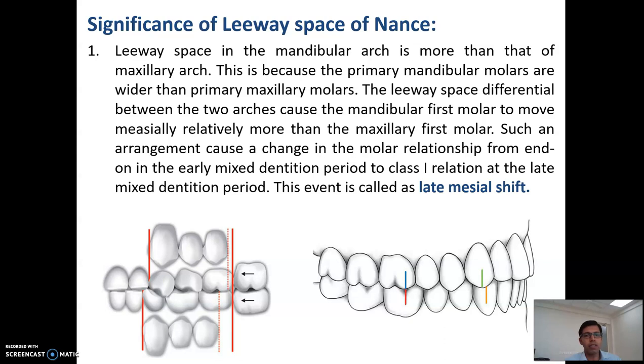Such an arrangement causes a change in the molar relationship from end-on in the early mixed dentition period to a Class I in the late mixed dentition period. This whole event is termed late mesial shift. This is an important event which takes place in the second transitional phase of mixed dentition development.